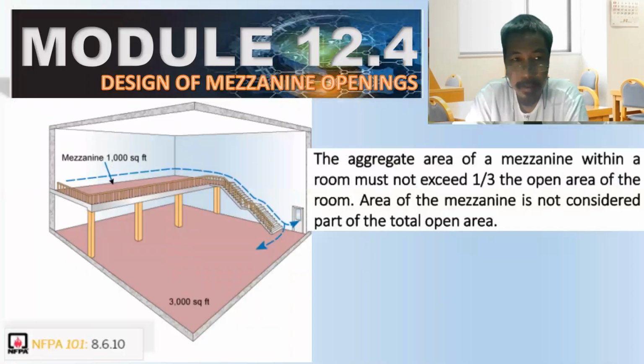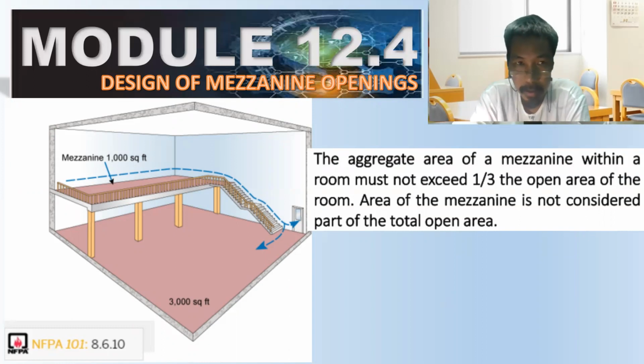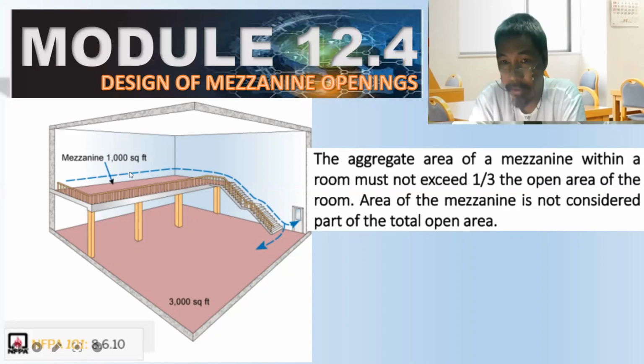Another design principle is the mezzanine. The aggregate area of a mezzanine within a room must not exceed 1/3 the open area of the room. So for example, if the room is about 3,000 square feet, the mezzanine maximum should be about 1,000 square feet, 1/3.